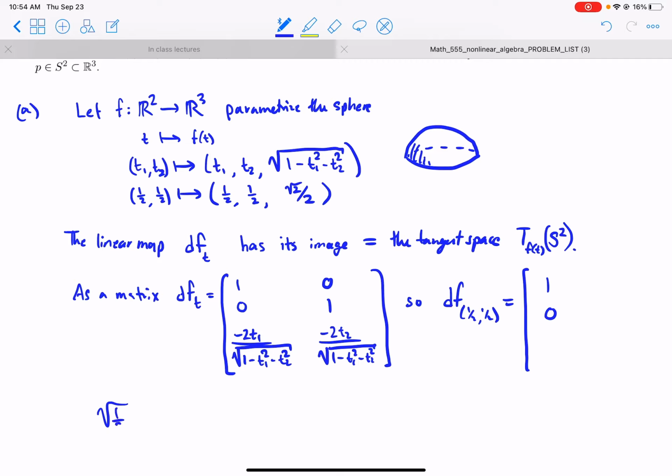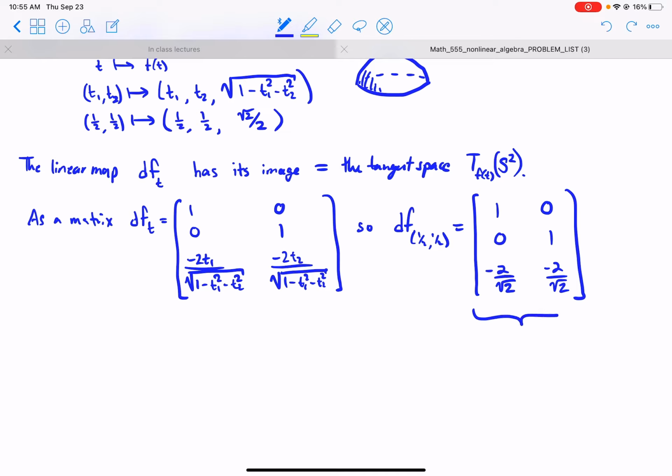But square root of 1/2 is the same as root 2 over 2, and I'm dividing by that, so I'm going to get 2 over root 2, and then a minus 1 hangs out from the numerator. Okay, and over here I have 0, 1, and the same thing. Hopefully I did this right. You can check me. If not, then the correct answer has a different number right here and here.